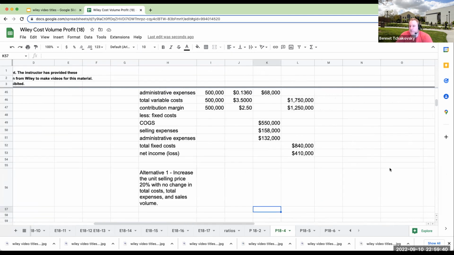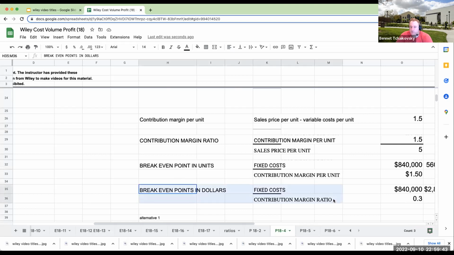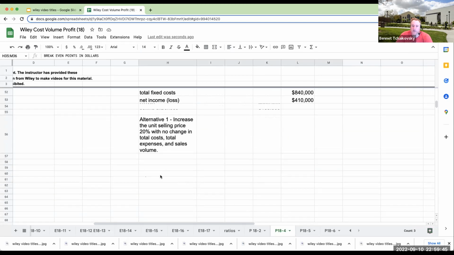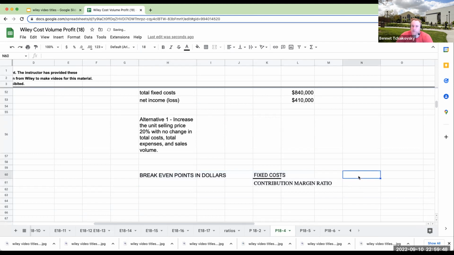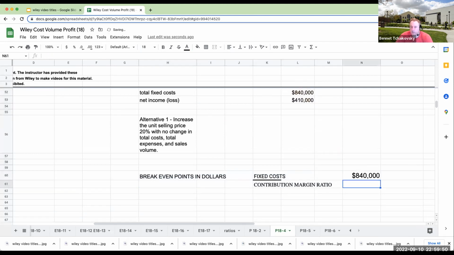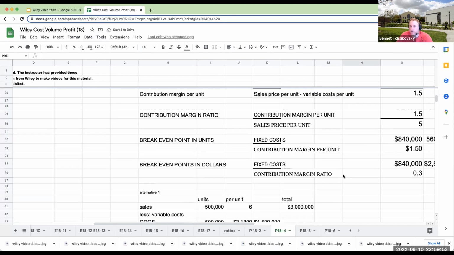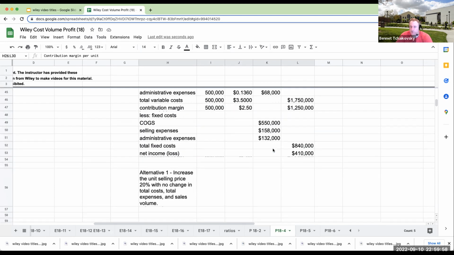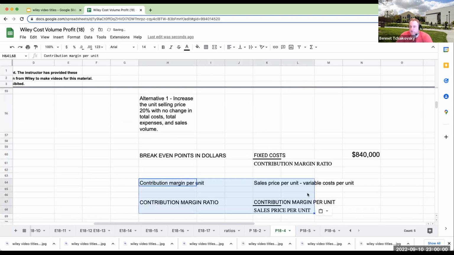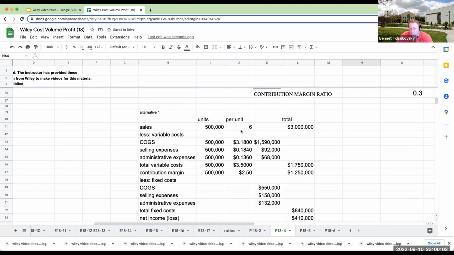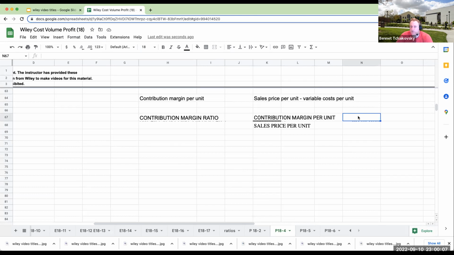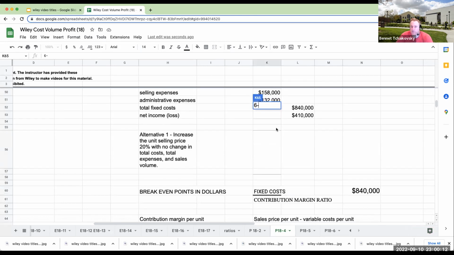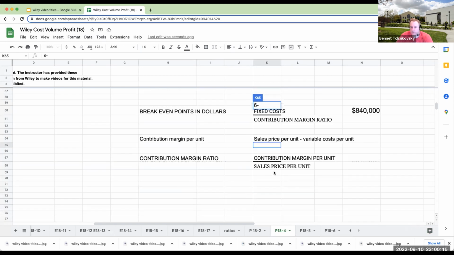Well, my break-even point in sales dollars, as we saw over here, is my fixed costs, which have not changed, divided by my new contribution margin ratio. Since I increased the sales price per unit, my contribution margin per unit is now $6 minus my variable cost per unit, which is still $3.50.